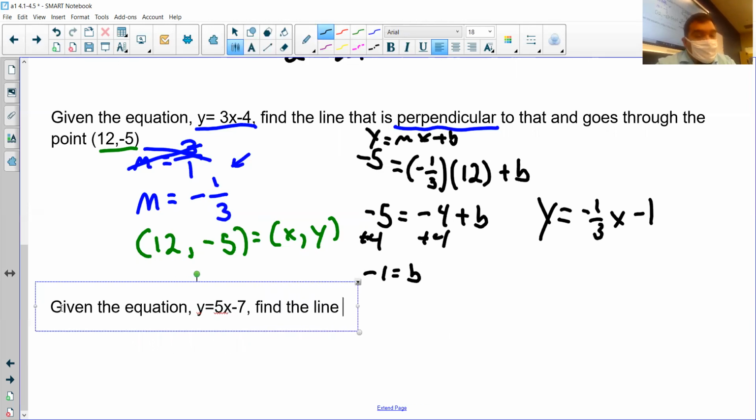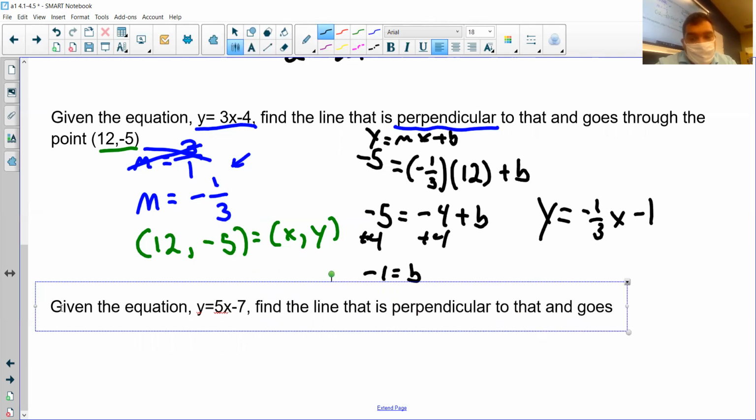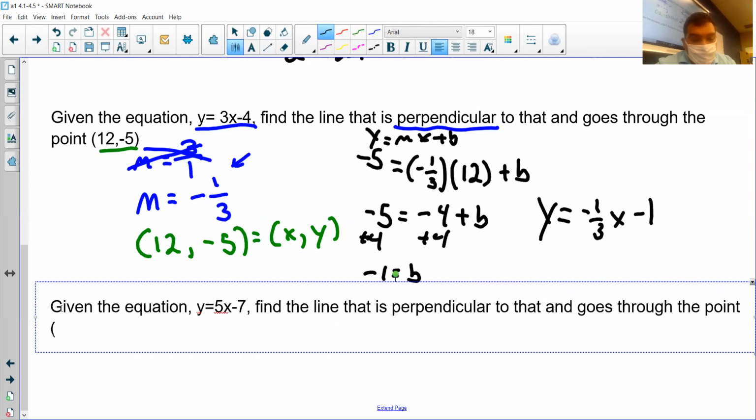Find the perpendicular line to that original equation that goes through the point 20 comma 16.